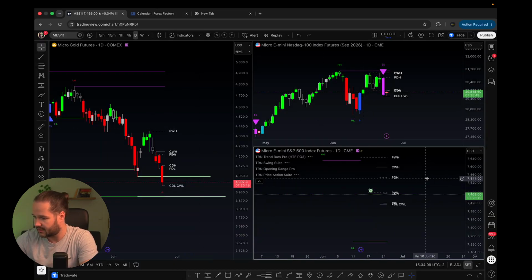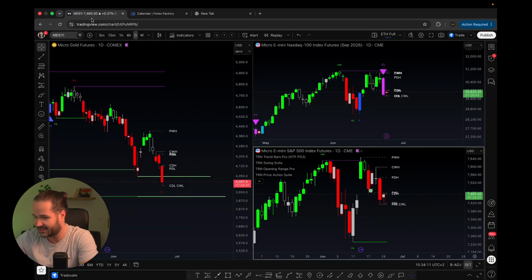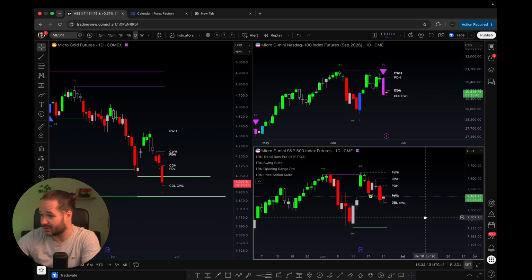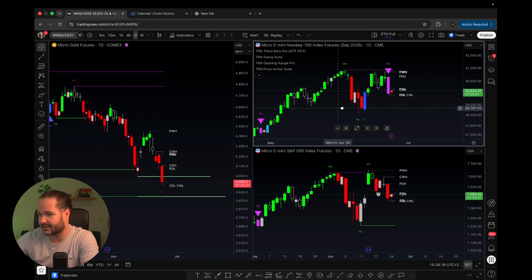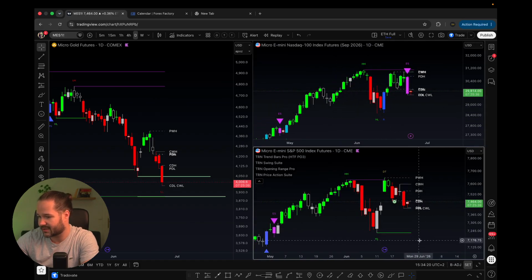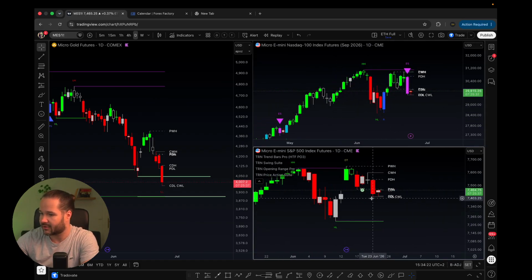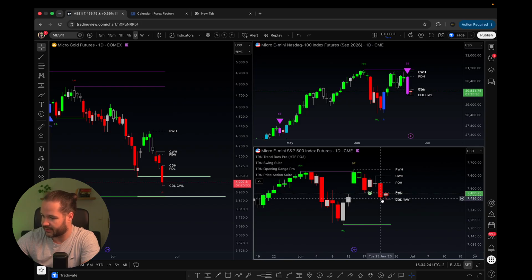Easy. So I already was wondering why it looks so different, because ES and NQ are strongly correlated, so it has to look quite similar most of the time. And also here, because we have this Tuesday's candle which closed below all the lows, a new weekly low.